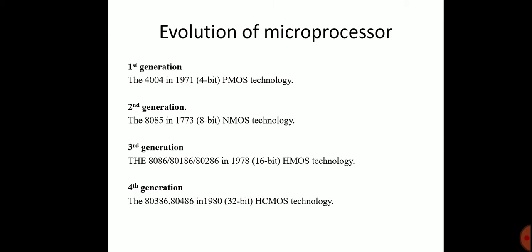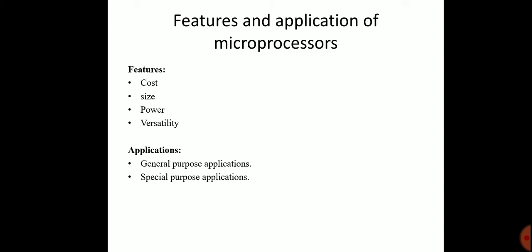Now we are going to discuss the features and applications of a general microprocessor. The main features of the microprocessor are reduced cost, reduced size and reduced power. The applications are general purpose applications and special purpose applications.